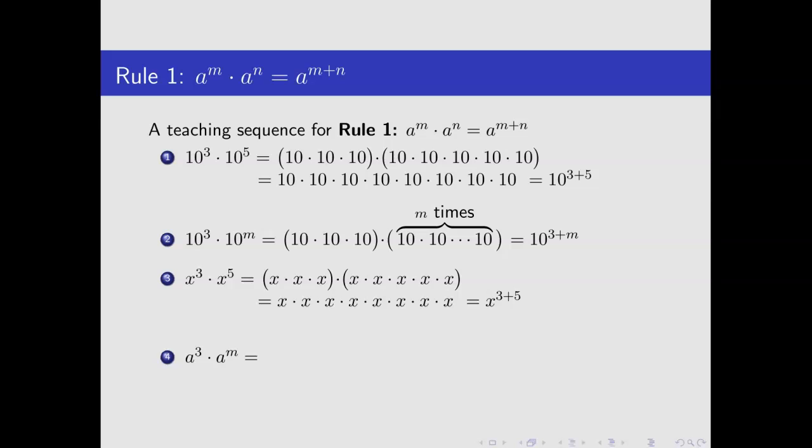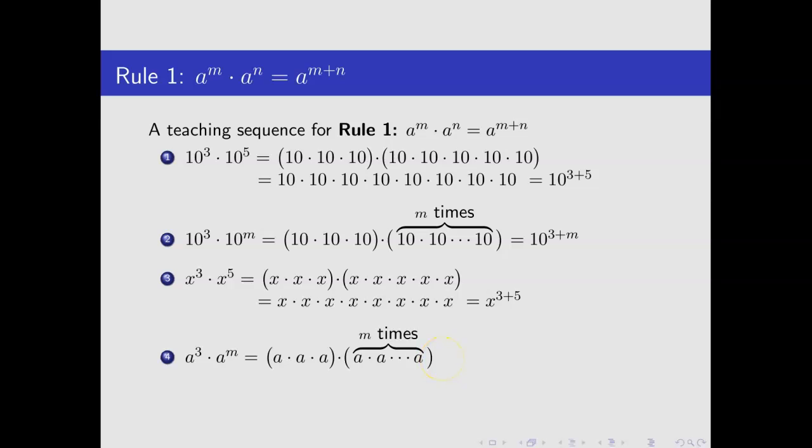A little bit more abstraction here. We have a, so an abstract base to the third, a concrete number for our power, times a to the m, again, abstract base, but notice same base in either case, and an abstract number for the power. So this will be a times a times a, that's from our a to the third, times a, however many times we need for m.